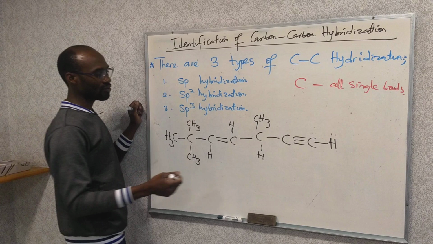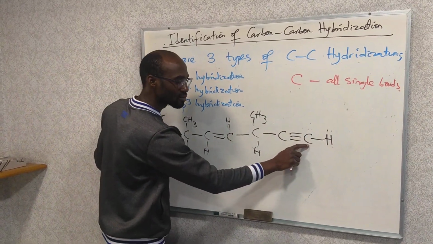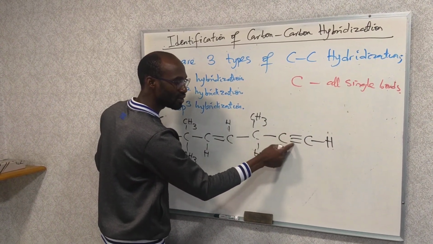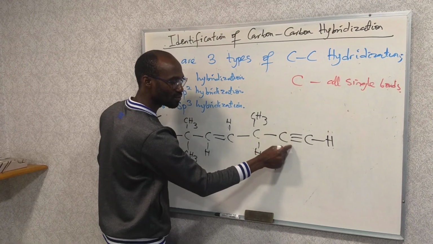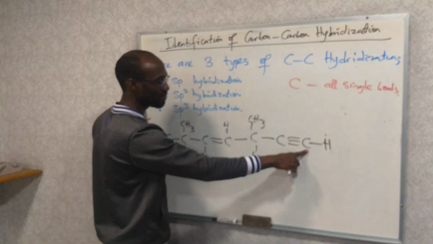For example, look at this carbon. It has multiple bonds here, so this cannot have sp3 hybridization.